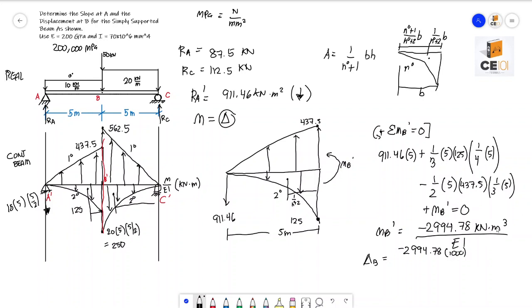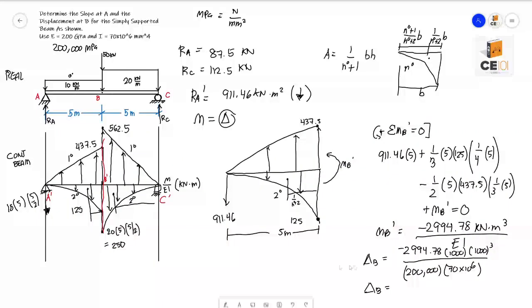Tapos para maging millimeter yung m cube, ta-times natin ng 1,000 raised to 3. Divided by EI. Ano yung EI ulit natin? 200,000 times 70 times 10 raised to 6. So ito yung displacement at B.